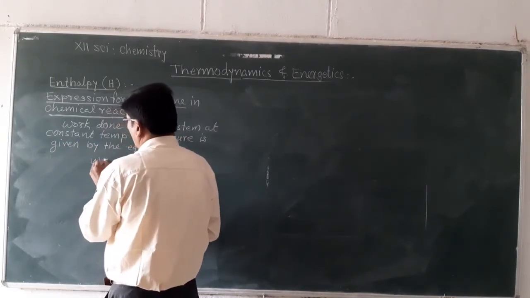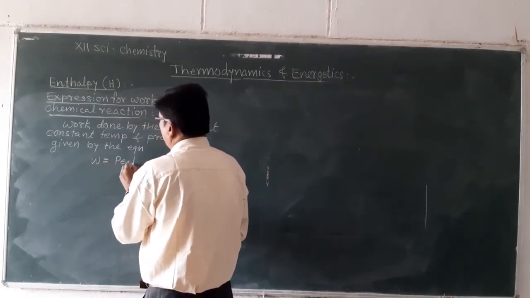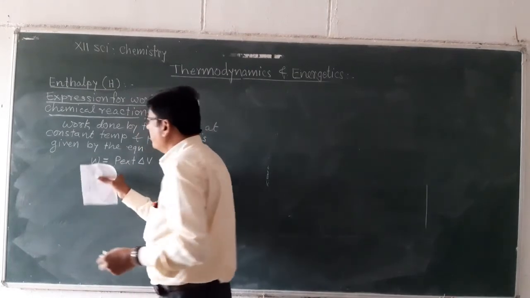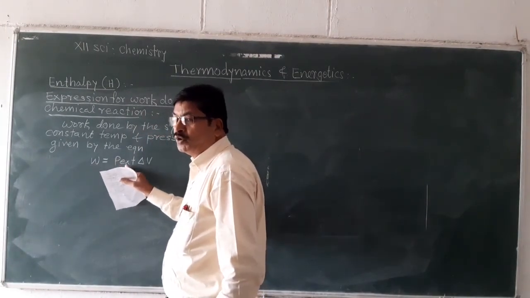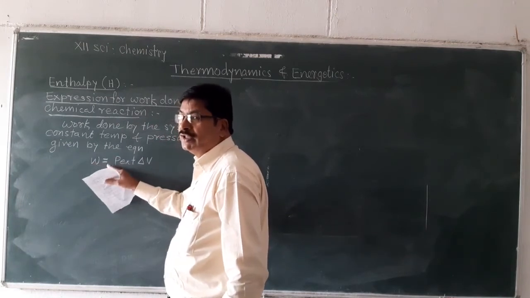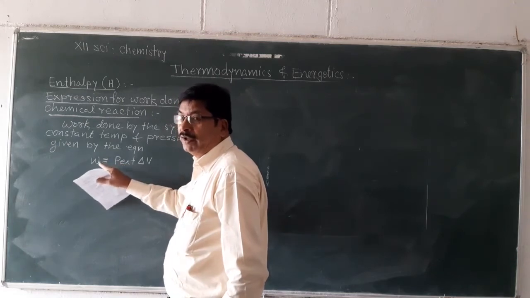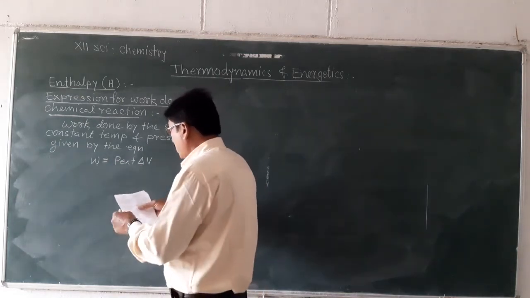W is equal to P external delta V. It may be minus or plus depending upon the type of process. If the process is expansion, W will be negative, or if the process is compression, W will be positive.